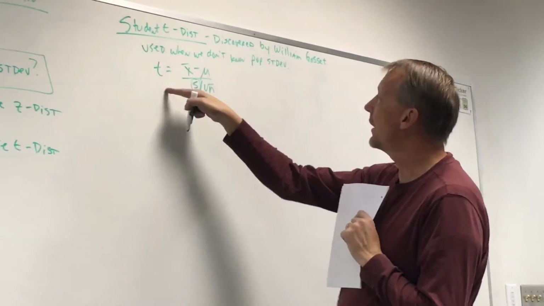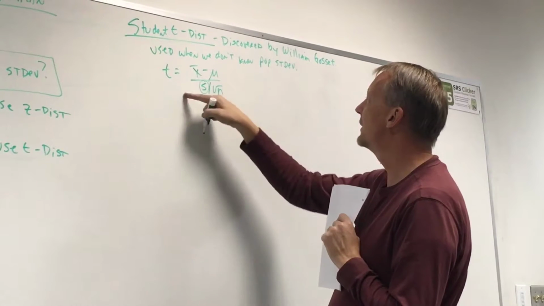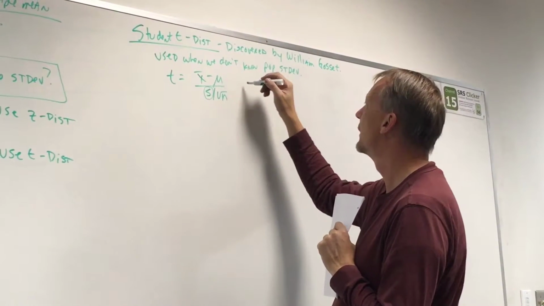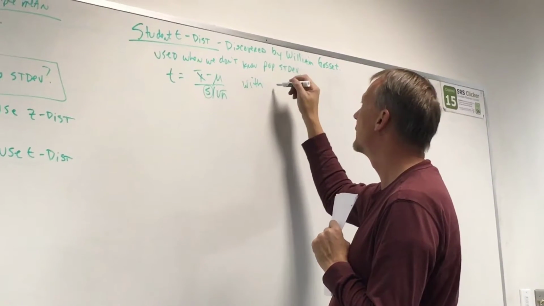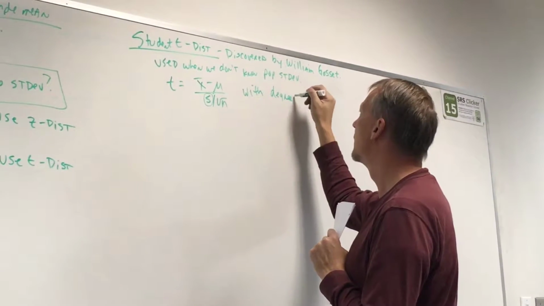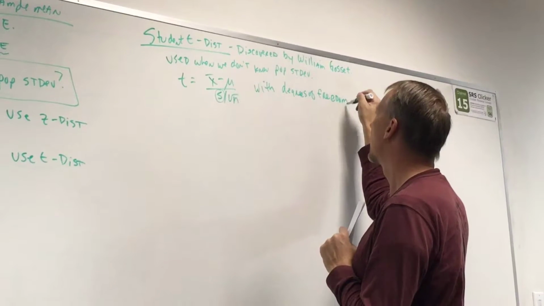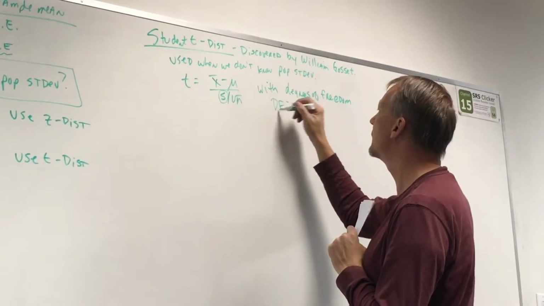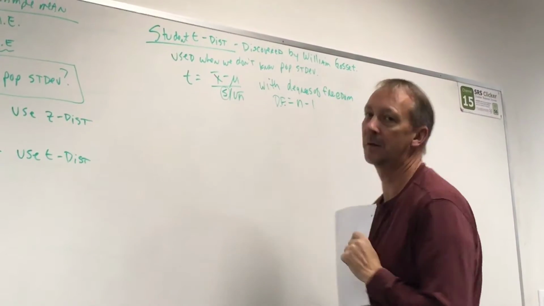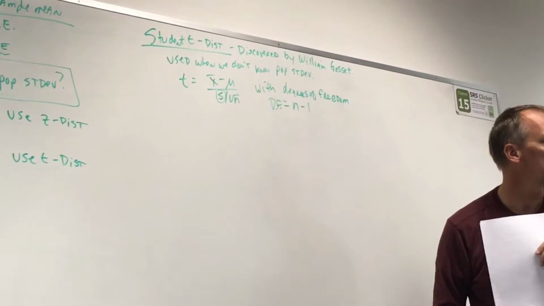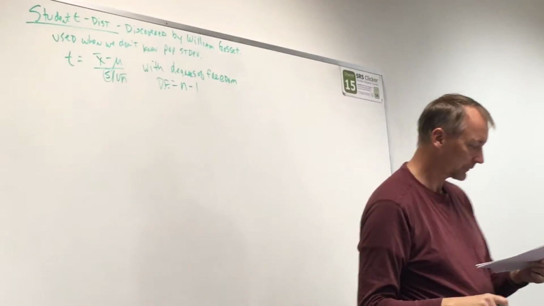Now, one of the other things about the T distribution is it has degrees of freedom. Okay, your degrees of freedom equals n minus 1. Okay? That's just what they call it.